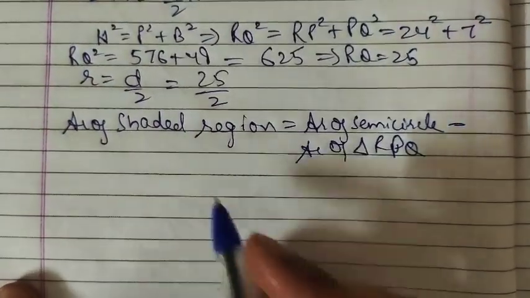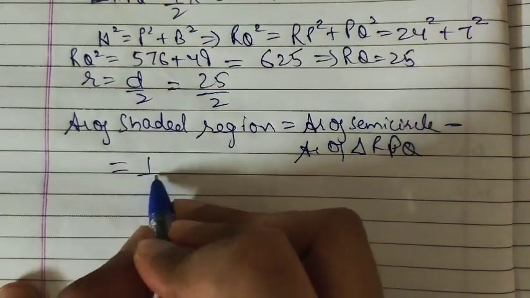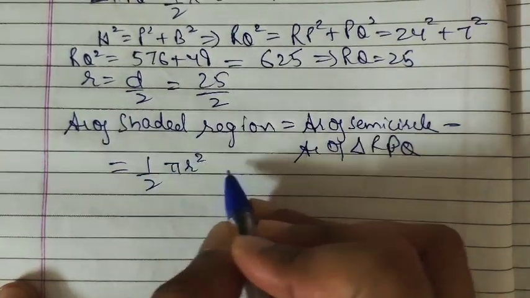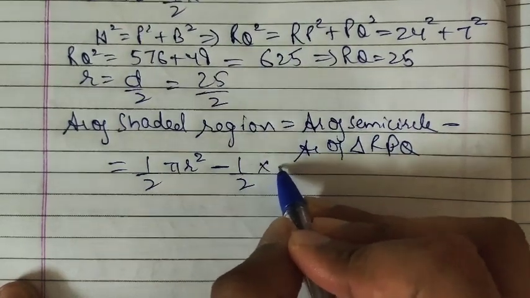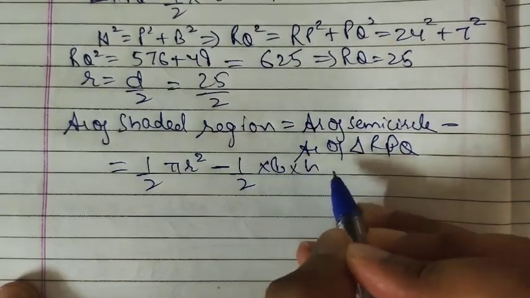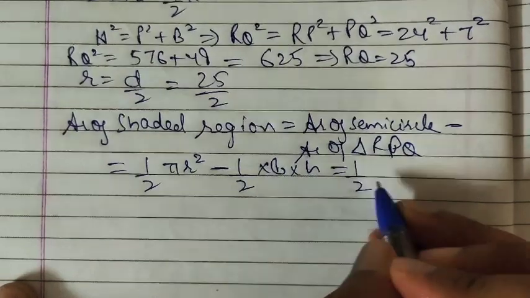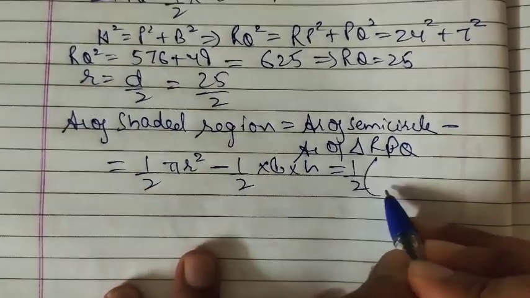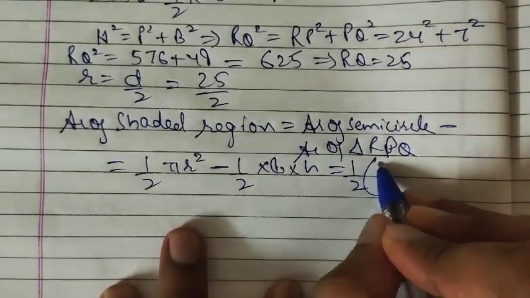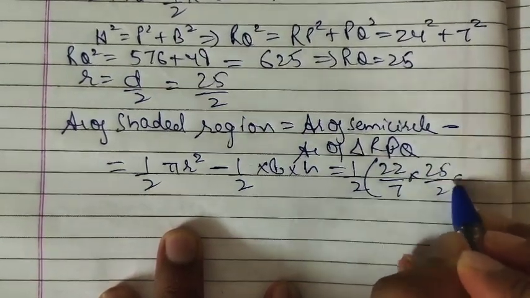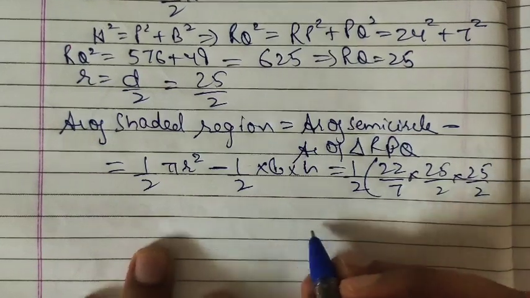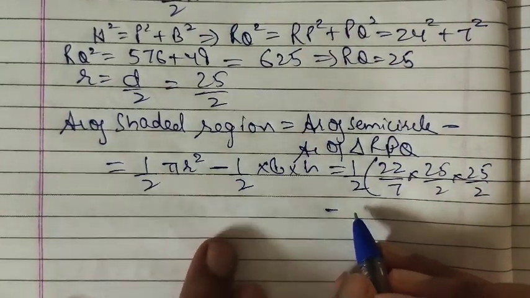So let's apply. Area of semicircle is half pi r square, minus the area of triangle, which is half base into height. You can take half common also. Pi value is 22 by 7, r is 25 by 2, multiply 25 by 2.